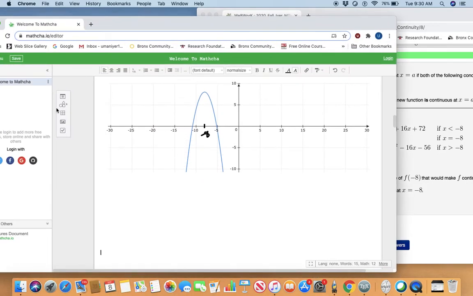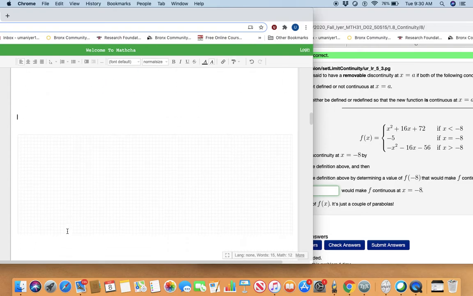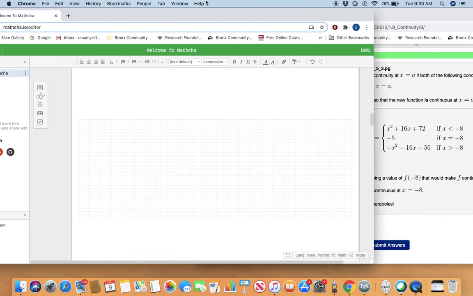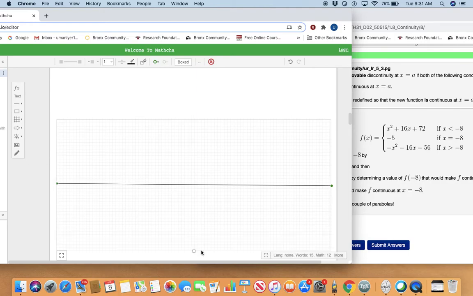Okay, so here we have drawn just two parabolas, but what precisely is the graph of this function, right? Well, you need the axes.